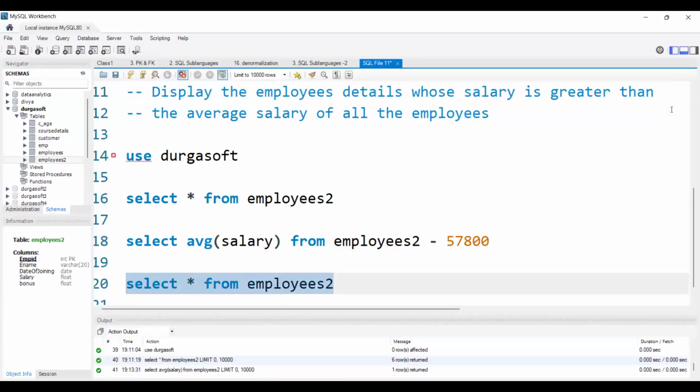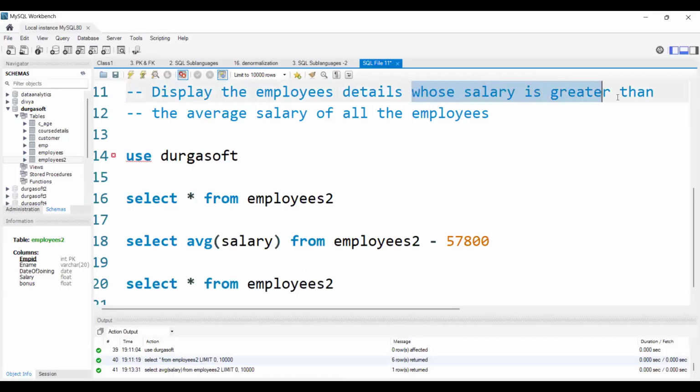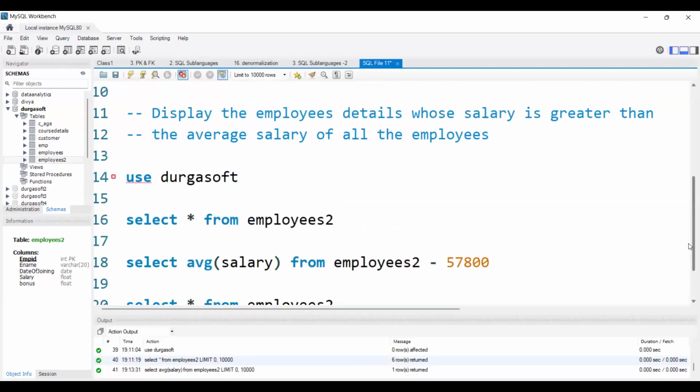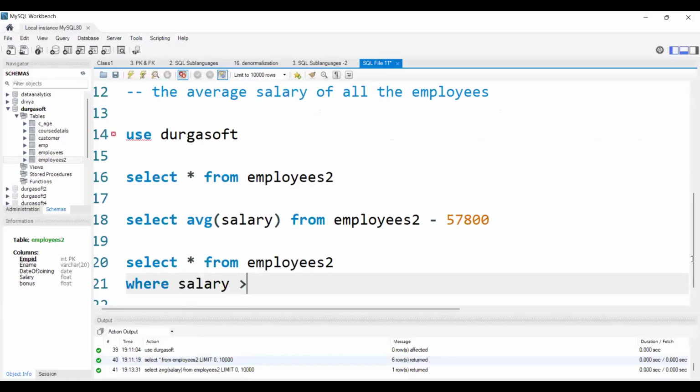And what condition are we asking? Whose salary is greater than the average salary. For that, obviously we will use where clause. To write the conditions, we will use where clause. So I can say where salary is greater than 57,800.